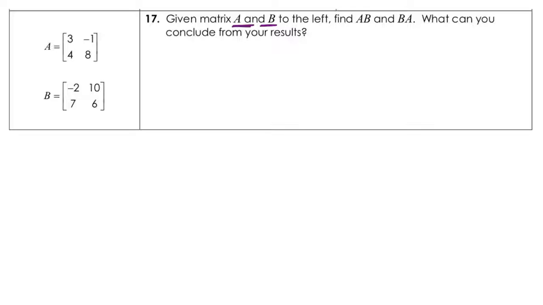So if I find the product of A and B, and again I'm doing the same multiplication I've been doing, I'm going to have negative 6 minus 7, 30 minus 6, negative 8 plus 56, and 40 plus 48. And so whenever I put those together, I'm going to have negative 13, 24, 48, and 88.